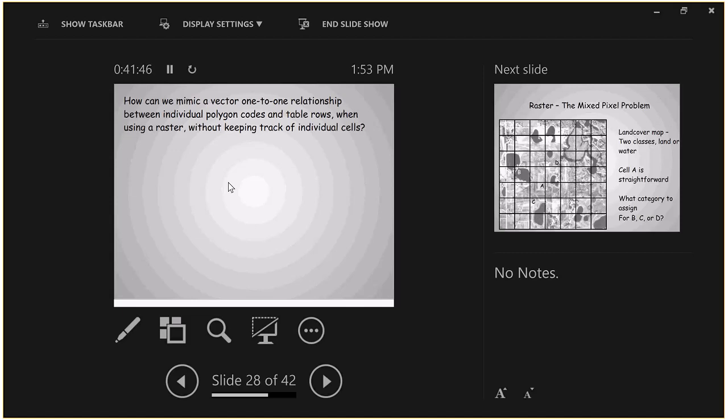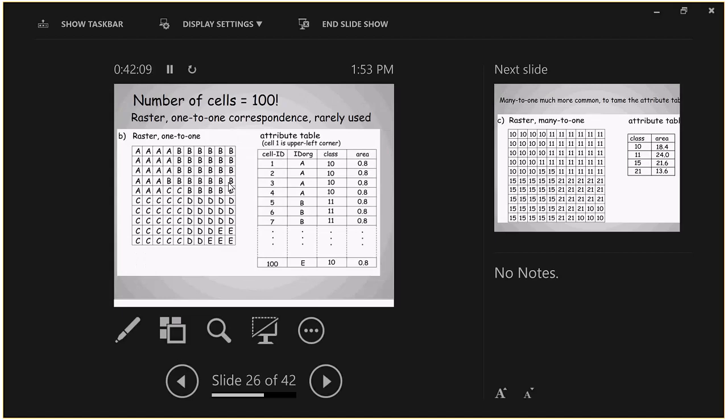So anyway, the question here is, how can we mimic a vector one-to-one relationship between individual polygon codes and table rows when using a raster without keeping track of individual cells? Well, you could basically do something like this.